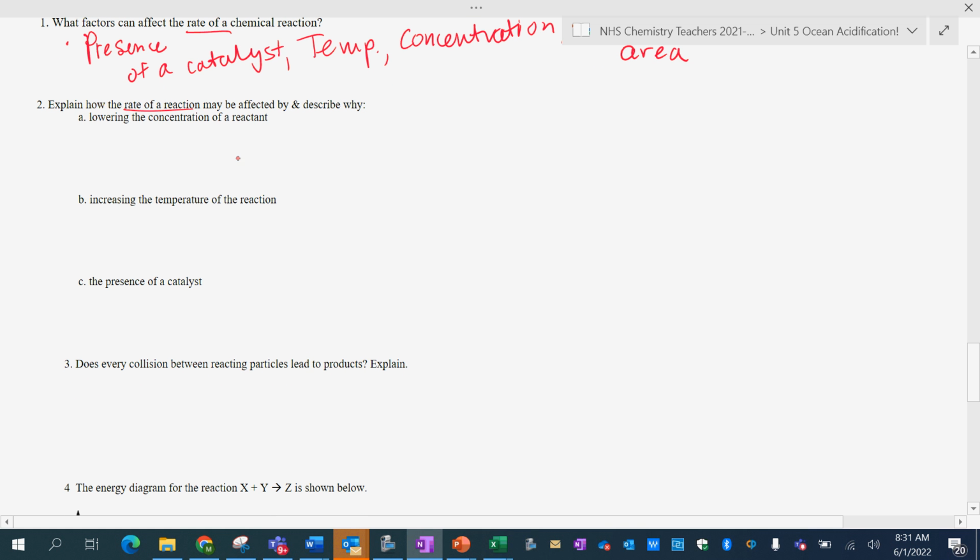How would rate of reaction be affected, and why, if you lowered the concentration? Well, then you would lower the reaction rate because there would be less opportunity for collisions between the reactants, because there's less solute per liter.